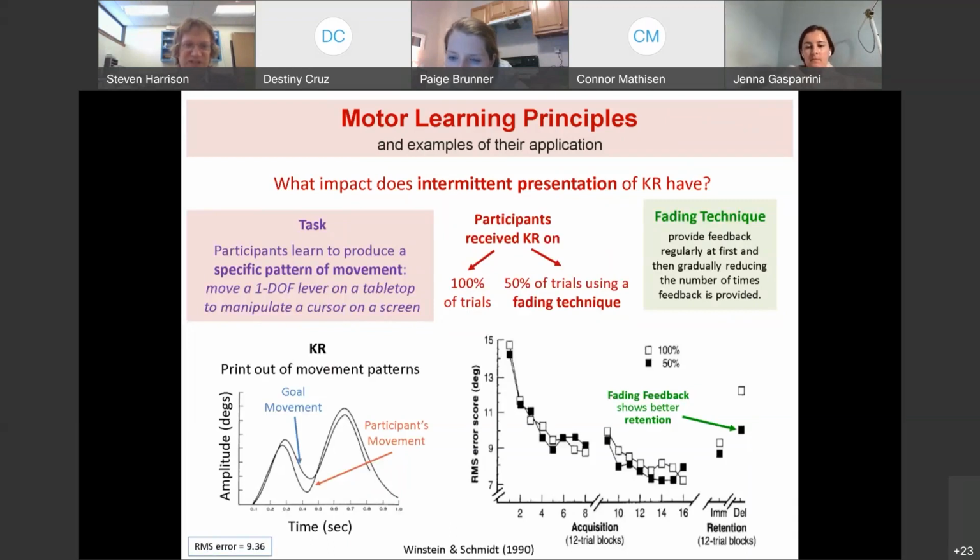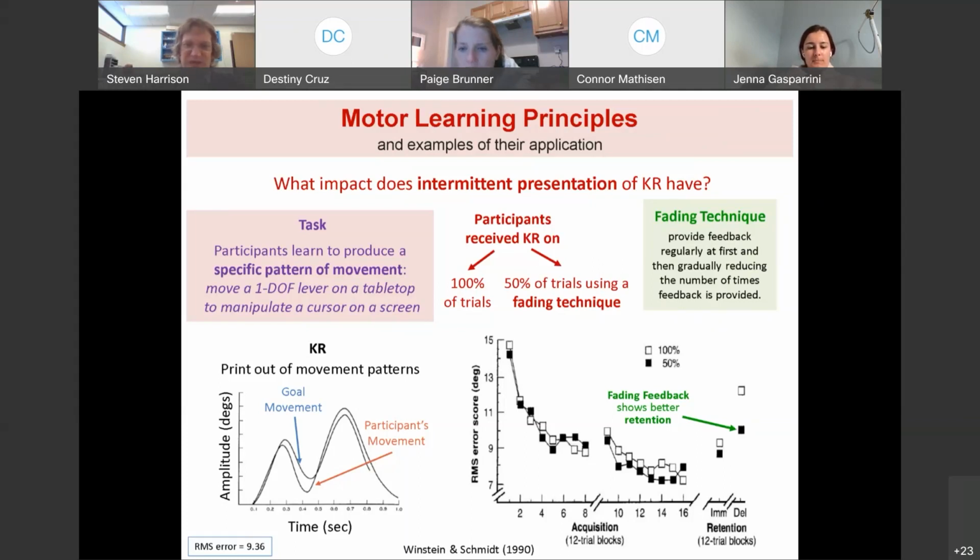Now, one of the interesting things is that you don't see a reliable difference between receiving feedback on 100% of trials, or on average on only 50% of the trials. So that's the acquisition.